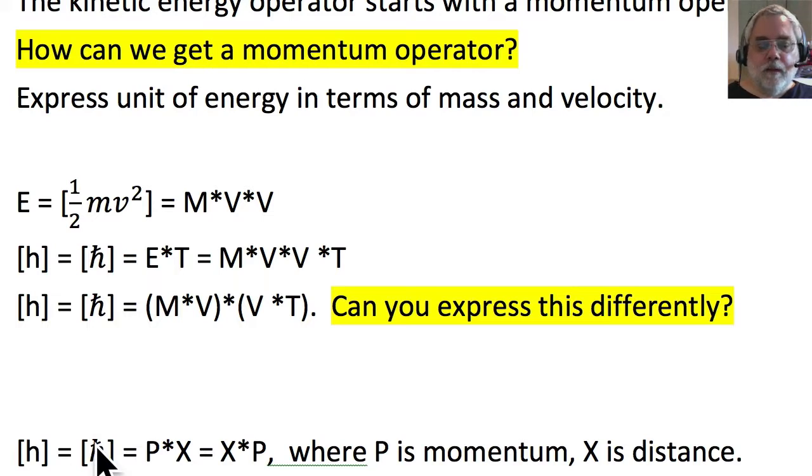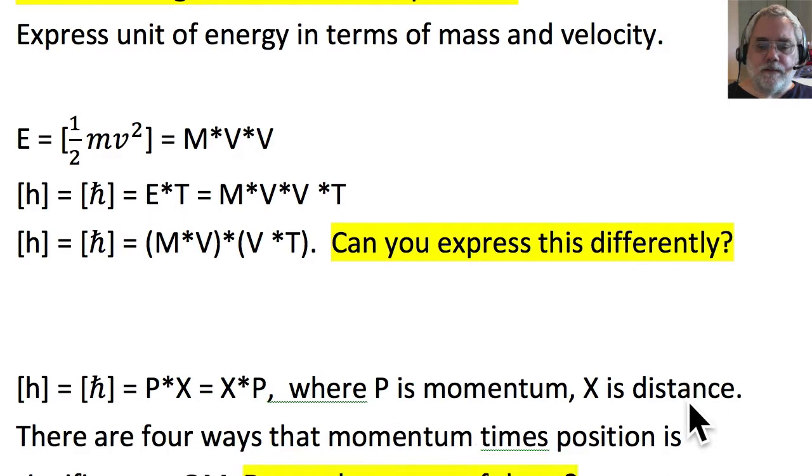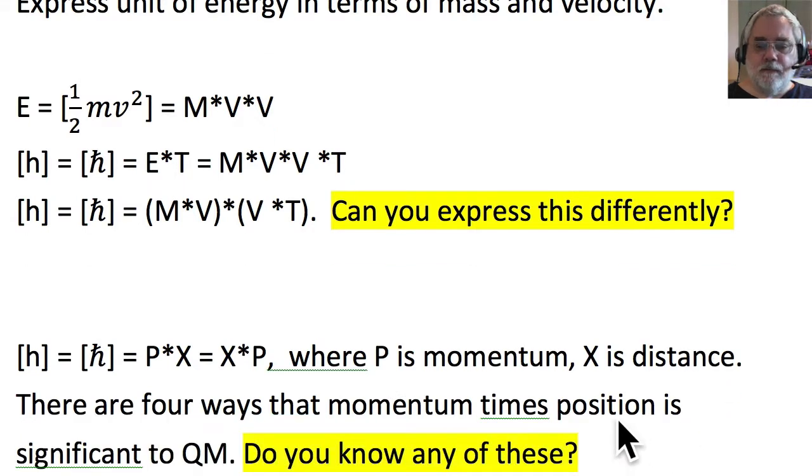But equivalently, they're momentum times distance, or momentum times position. And we can make use of that. In fact, there's going to be 4 ways that momentum times position or distance is significant to quantum mechanics in terms of units.